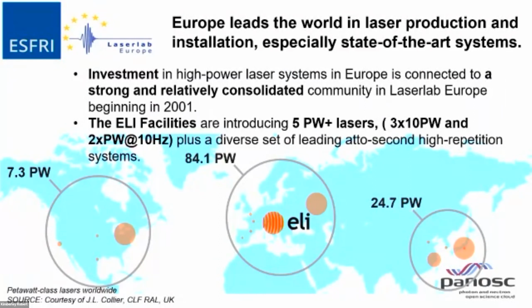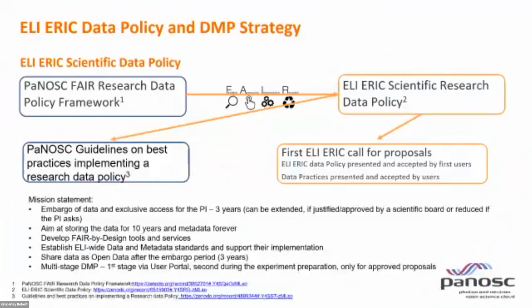And ELI itself supports more than 5 petawatts, plus over 1 petawatt lasers, 10 petawatts lasers, which are accessible to users, and 2 petawatts lasers at 10 Hertz. All these are part of the user experiments and user calls and are slowly opened to the users.